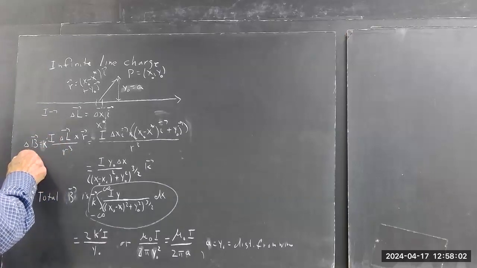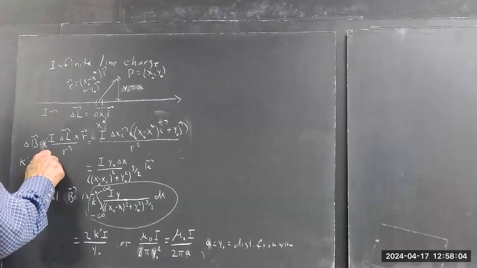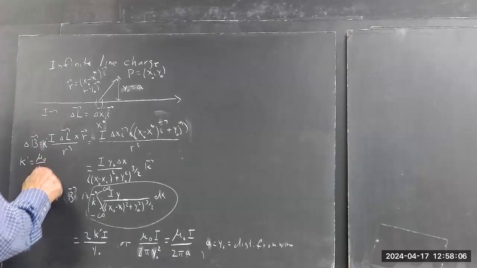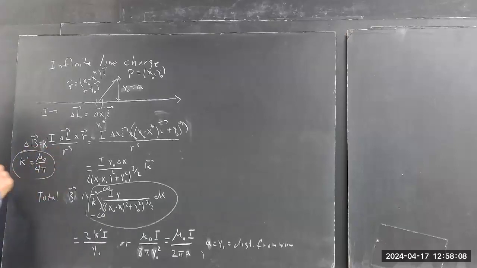Also note K prime is mu naught over 4 pi, just as with the electric field, permittivity and so forth.